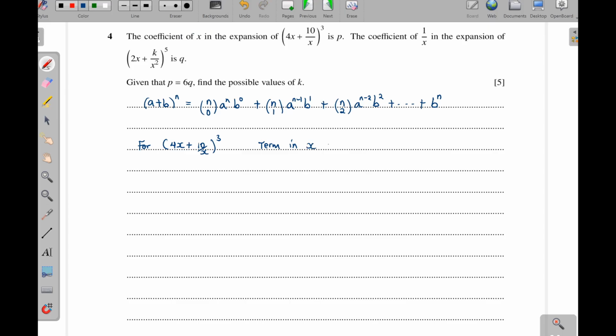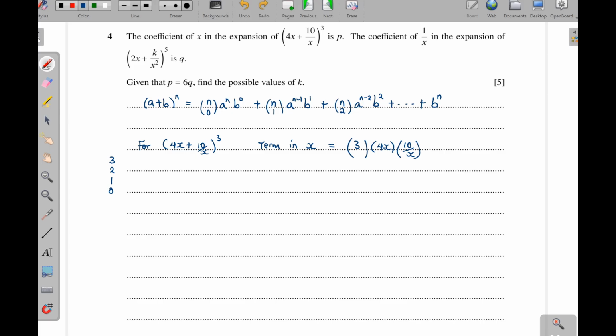So the term in x, we shall have 3 combination something, then our a here is this 4x, then our b is going to be 10 over x. Now these powers, remember, a keeps on reducing in the powers, and then b keeps on increasing in the powers. So since this one is a 3, that means 4x will begin with 3, then 2, then 1, then 0.